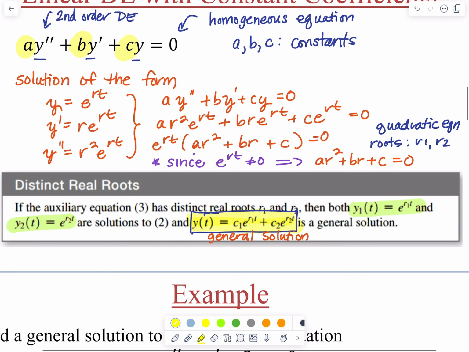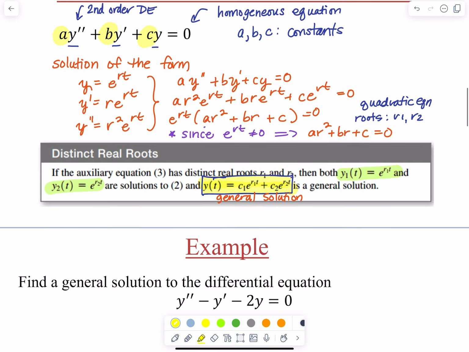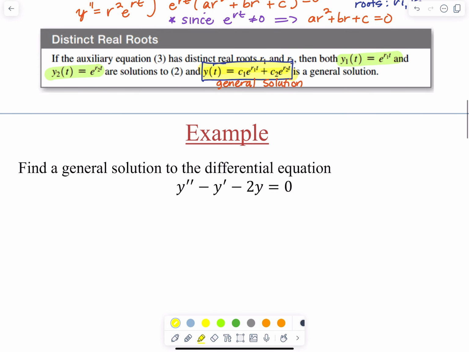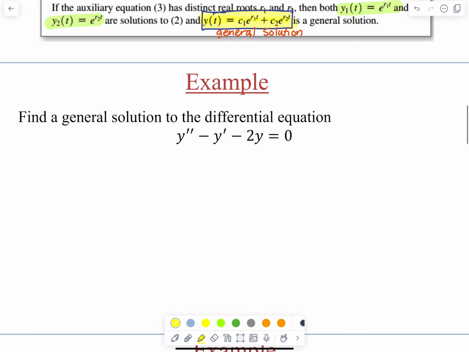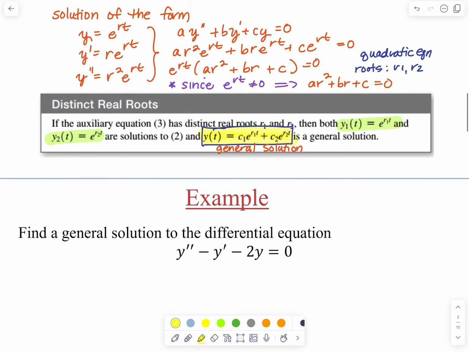So let's go ahead and try an example and see what we have here. Find a general solution to the differential equation y double prime minus y prime minus 2y is equal to 0. And I might add here that this equation is called our auxiliary equation.